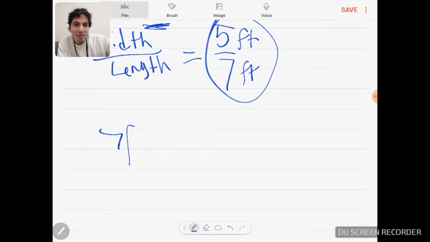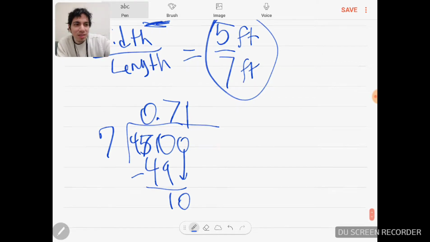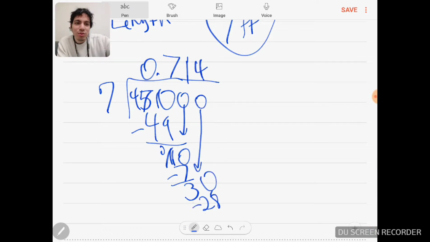Why not? 7 into 5. Let's see, 0, 0, 7 into 7, 49. I subtract, I get 1. I add a 0. 7 divides into 10 once. So I get 7 minus 10 is 3. Add another 0. 7 goes into 30, 28 times.